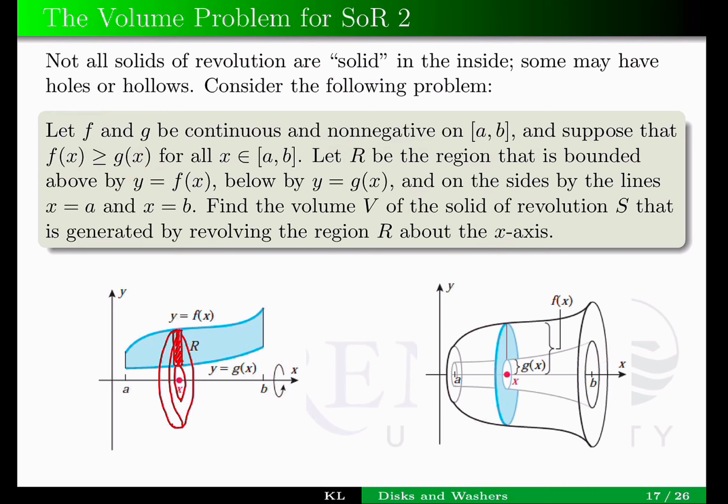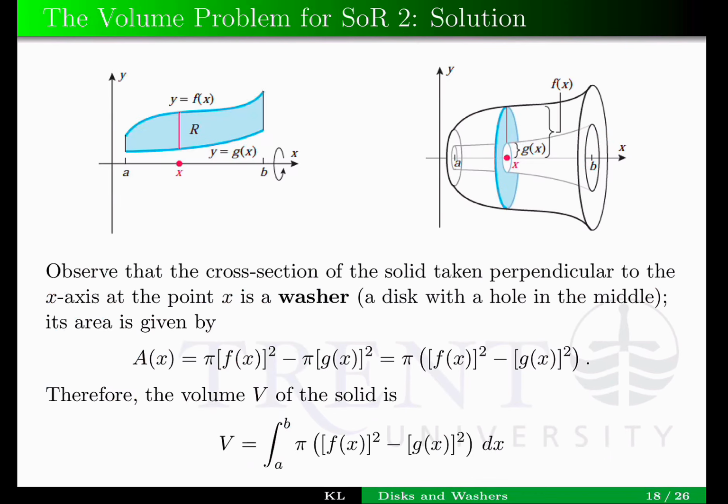Okay? So how will this change our formula? What is our area function? Observe that the cross-section of the solid taken perpendicular to the x-axis at the point x is a washer.